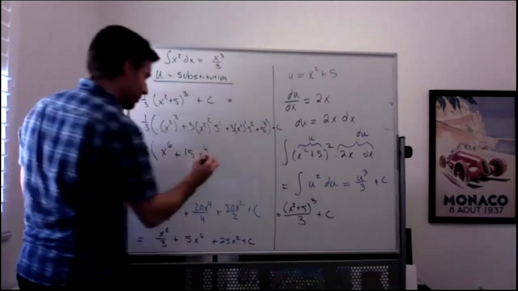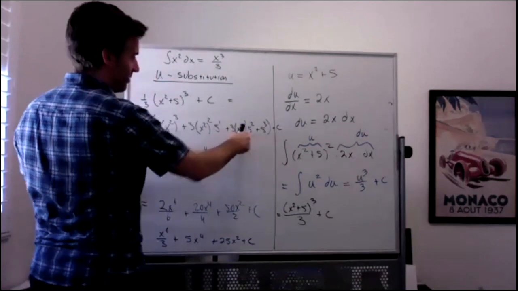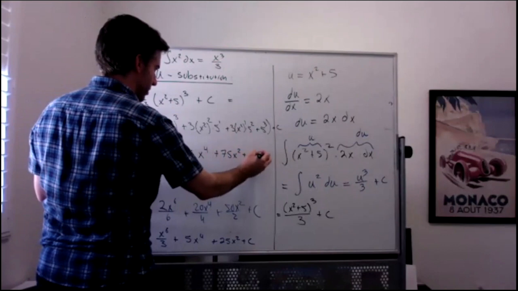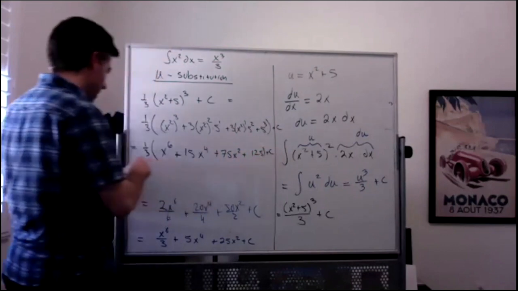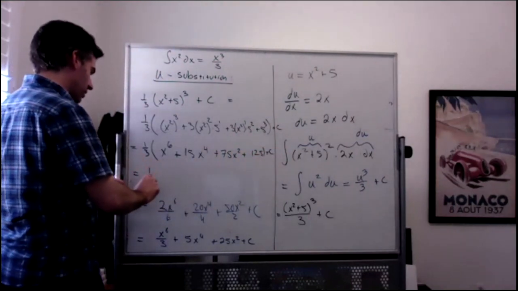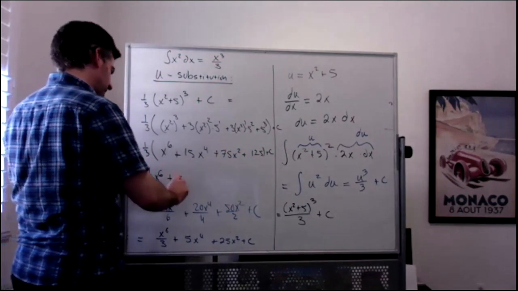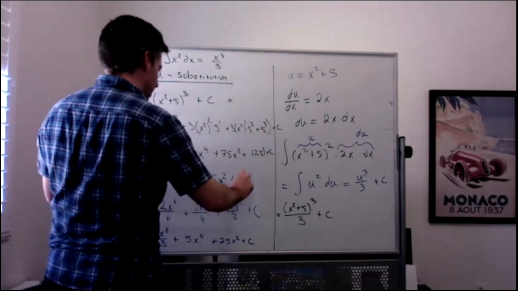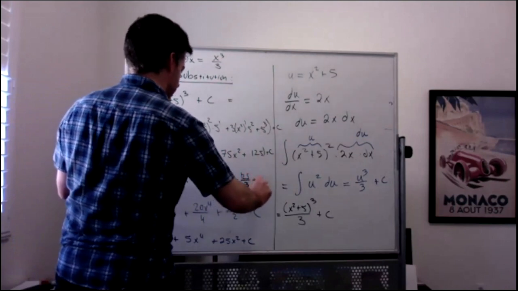We're good to go. And then 3 times 5 squared is 75 x squared plus 125 plus c. And then distributing the 1/3, we get 1/3 x to the 6th plus 5x to the 4th plus 25x squared plus 125 thirds plus c.